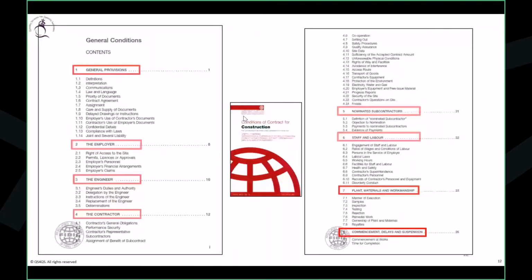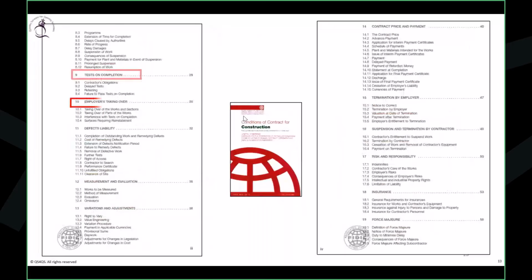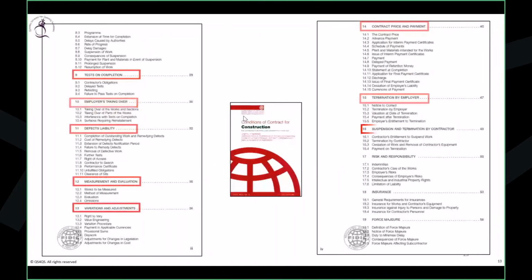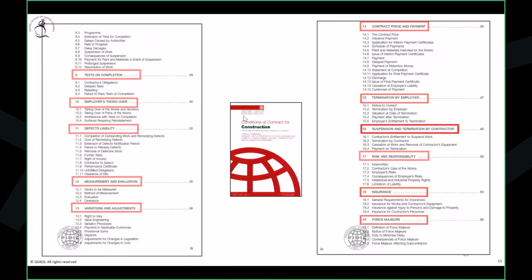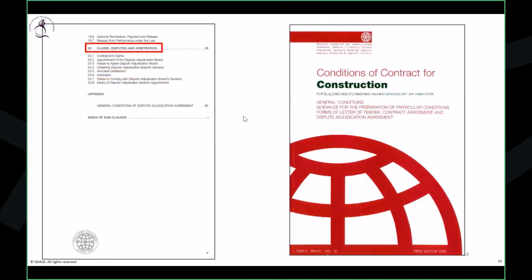There are delay and suspension, all connected to the program actually. Then tests and completion, employer's taking over, defects liability, measurement and evaluation, variations, contract price and payment, termination by the employer can happen, suspension, risk, insurance, force majeure, and finally claims, disputes and arbitration. So 20 clauses are there.